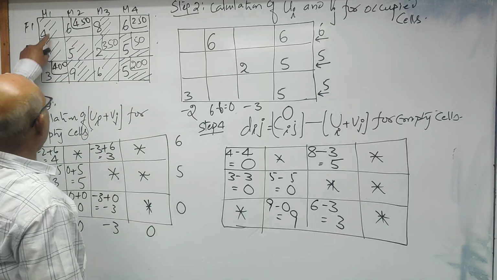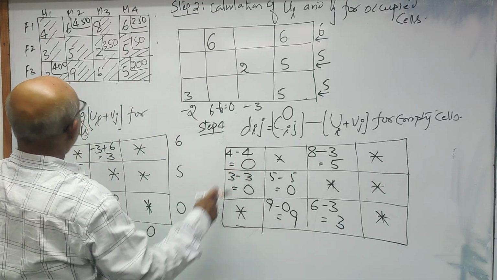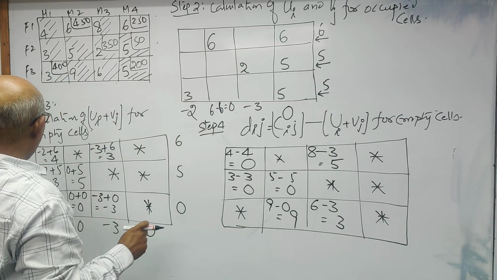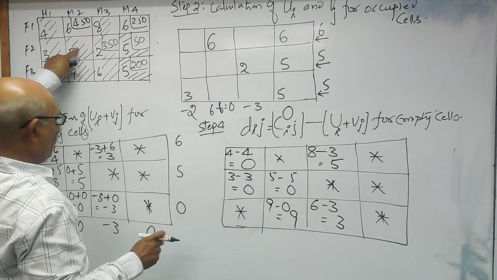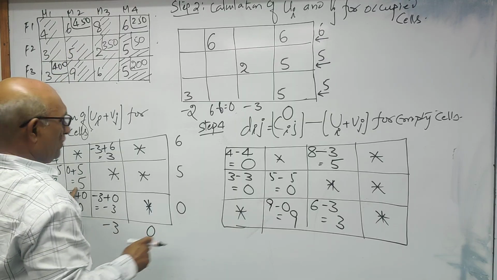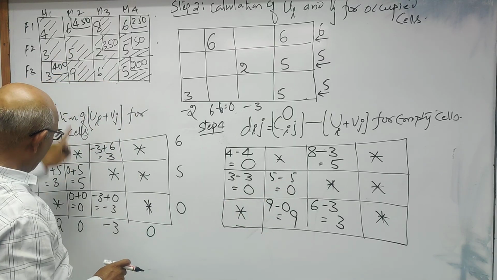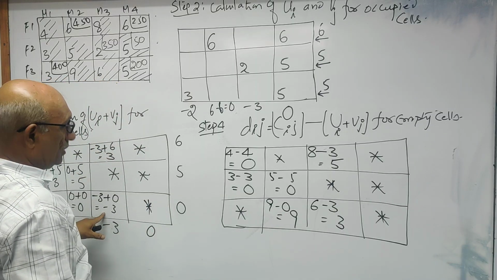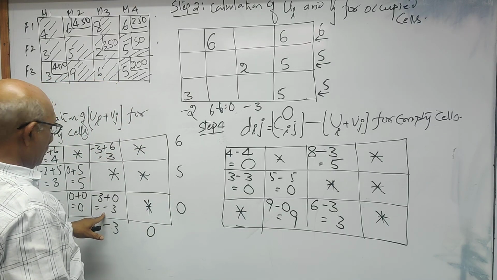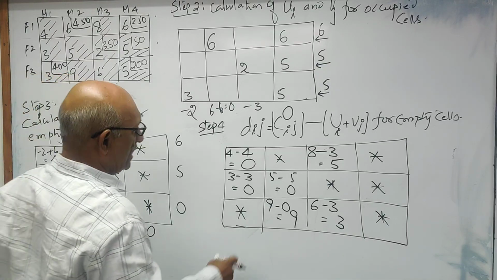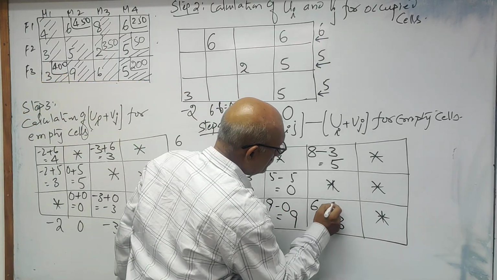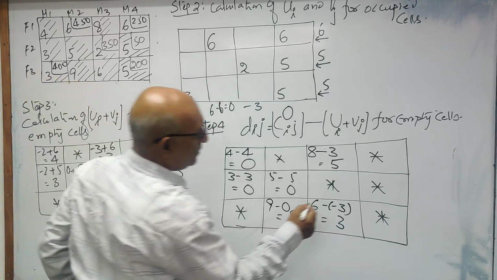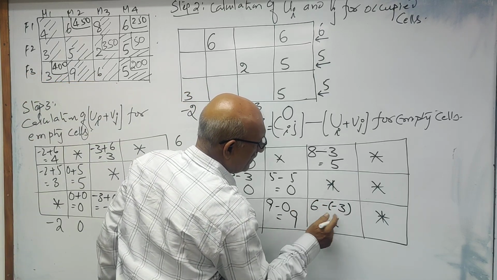Look at this once again. 4 minus 4, 0. 8 minus 3, this is 5. 3 minus 3, this is 0. 5 minus 5, this is 0. 9 minus 0, this is 9. 6 minus of minus 3. So this is 6 plus 3, 9.